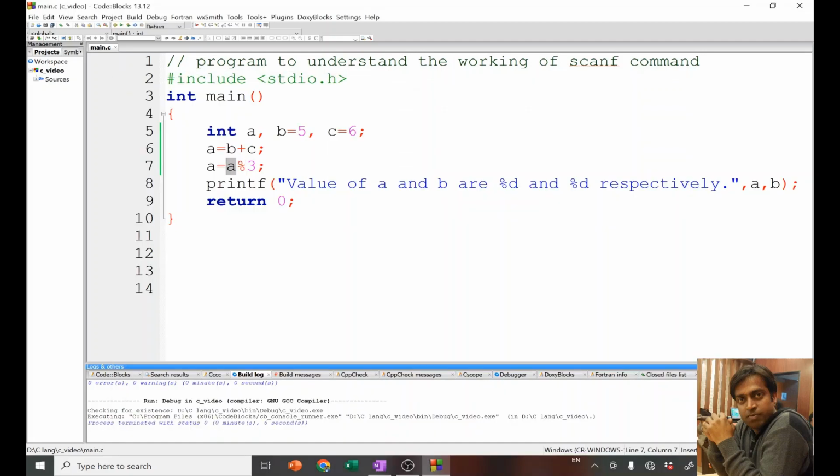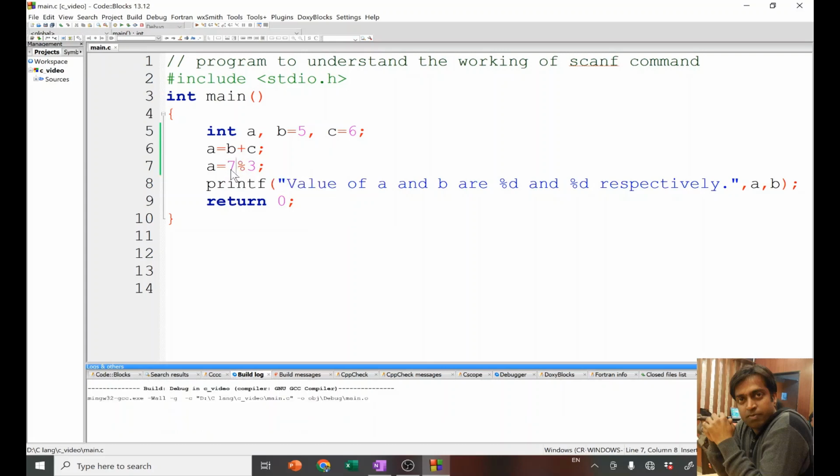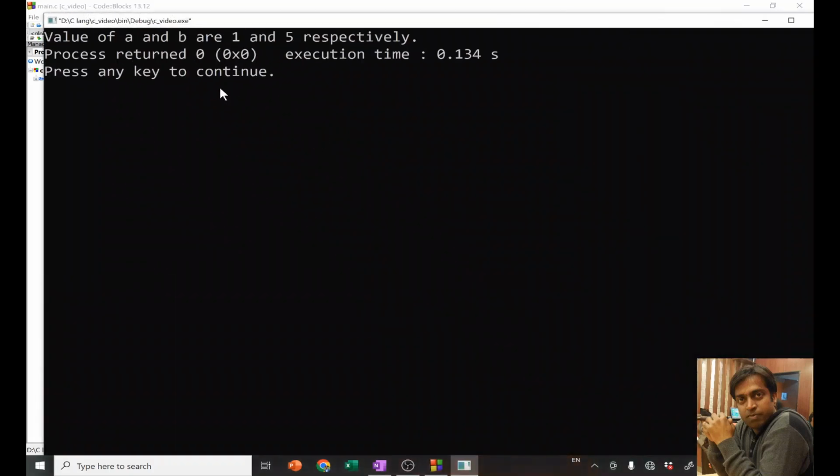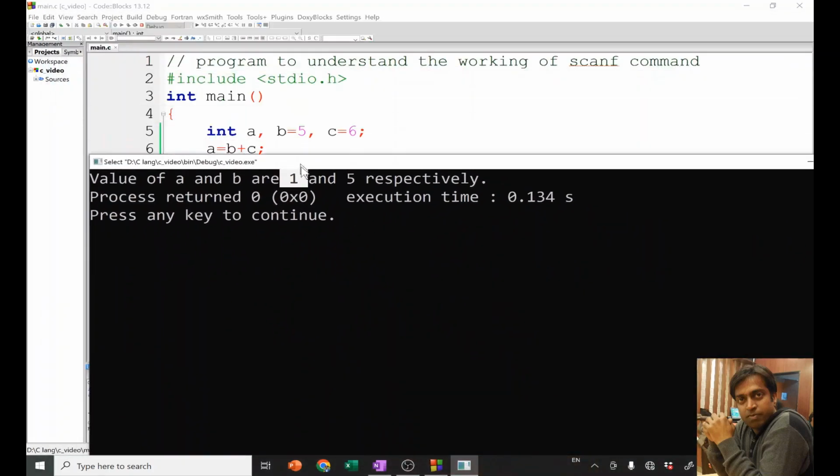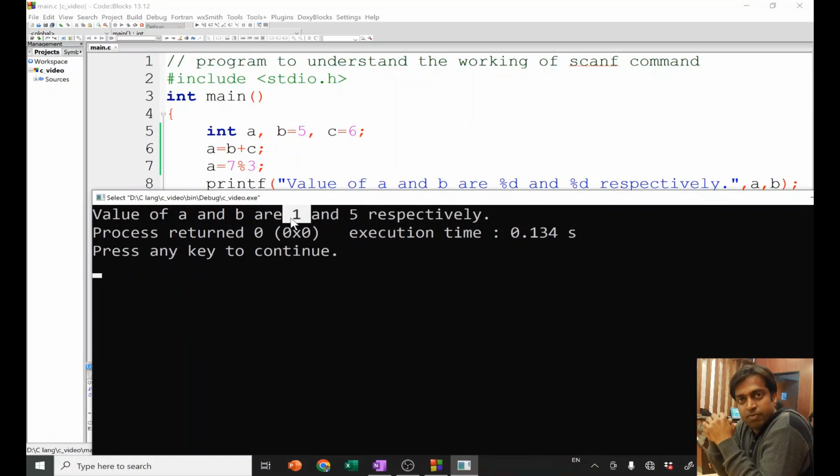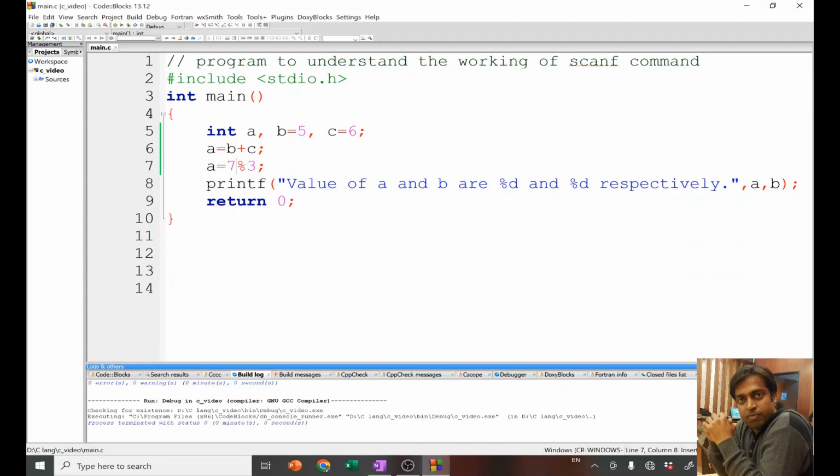If I simply put 7 % 3, then the remainder is 1. I run this program and you can see that the value of a is coming out to be 1. So in this way, with the help of the modulus symbol, we can get the remainder.